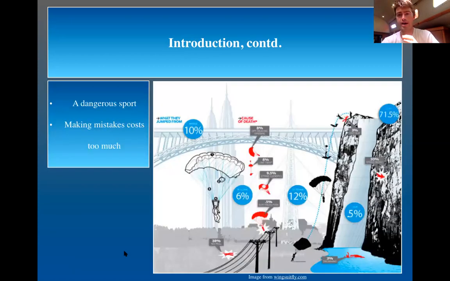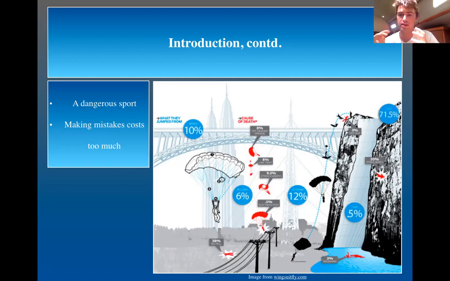So one more little bit about the risk and the danger involved. This was what set me off on the path of looking at this research-wise. The most dangerous part is when people are jumping off cliffs with wingsuits on. And I thought, hey, we should model this.